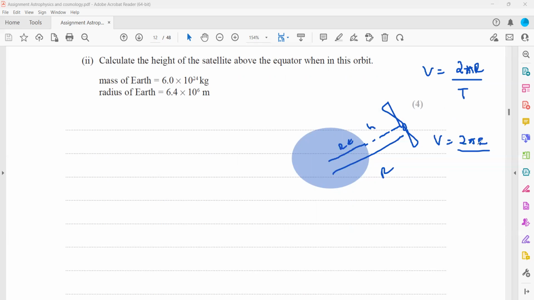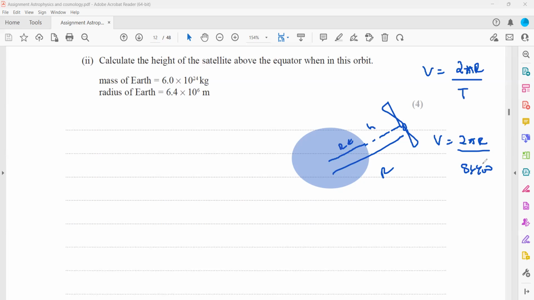That is 24 hours, so 24 times 60 times 60, which is 86,400 seconds. So we'll have this value.